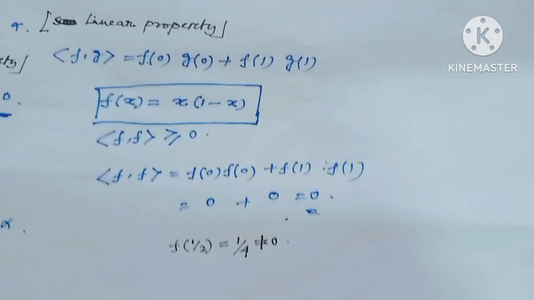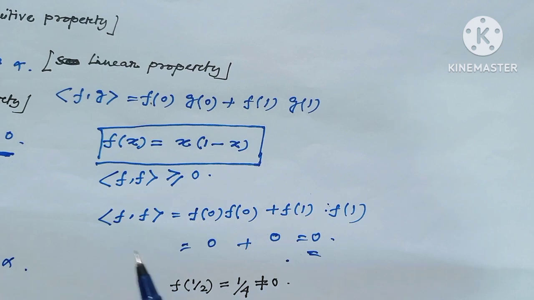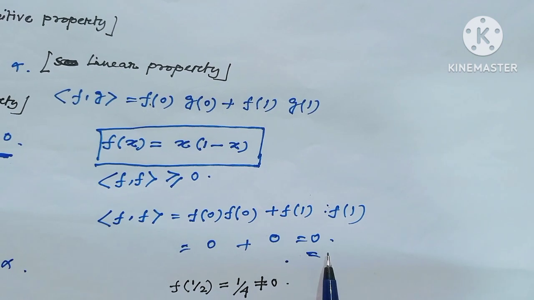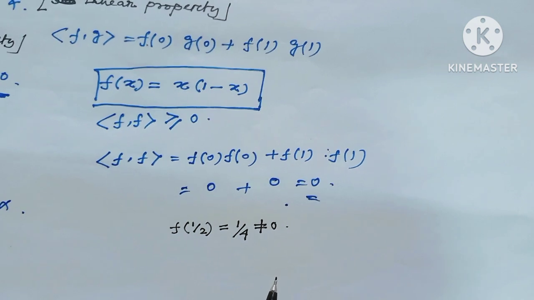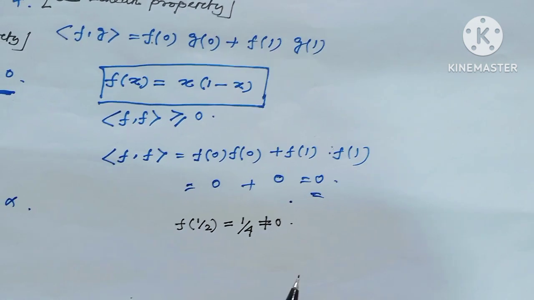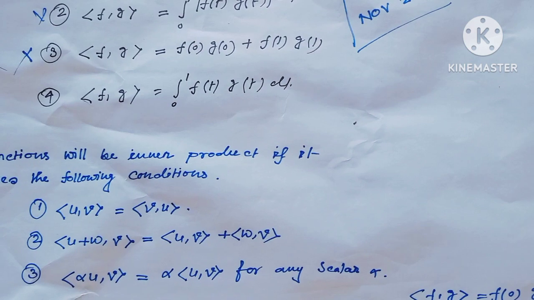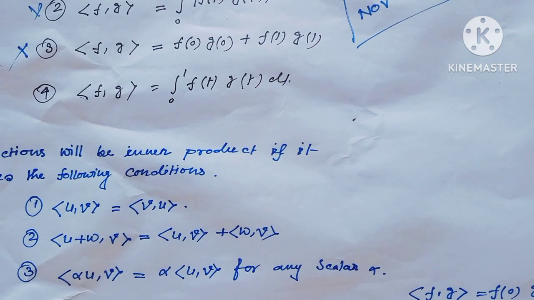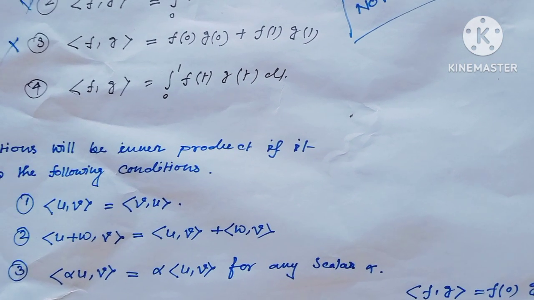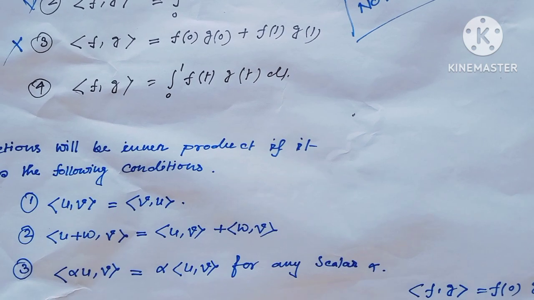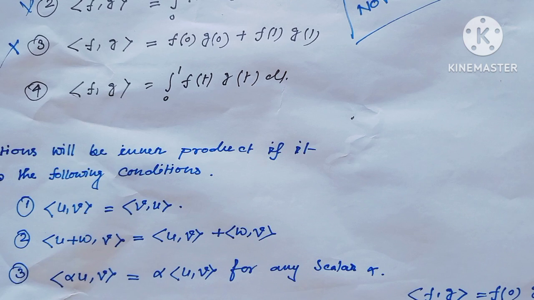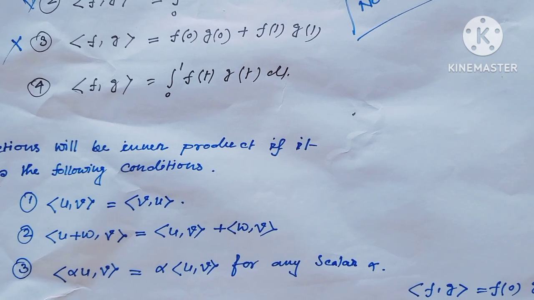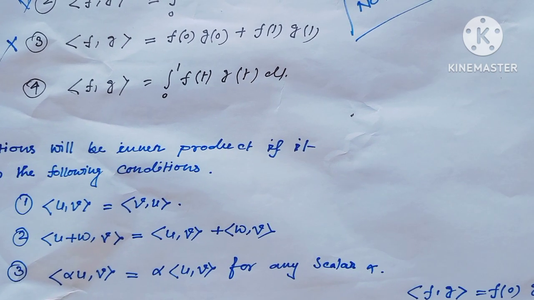That means I have got f with f equal to 0, but the function is a non-zero function. Therefore, option 3 is also a wrong option, and only option 4 is the right option. Just check it yourself. This is the standard inner product. We all know inner product f with g equal to integration 0 to 1 f(t) g(t) dt. This is the standard inner product.